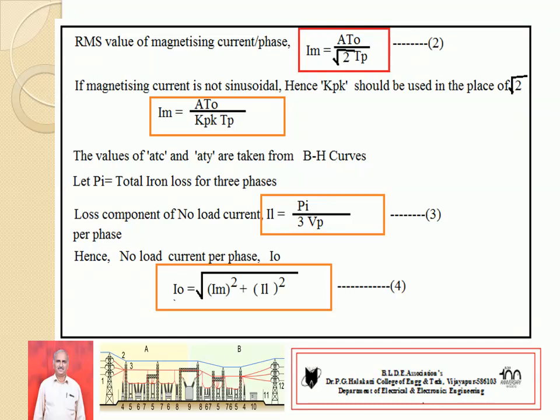Equation 3 can be obtained. Only difference is that these are per phase calculations. Hence finally, no load current per phase I0 equals under square root of Im square plus Il square.